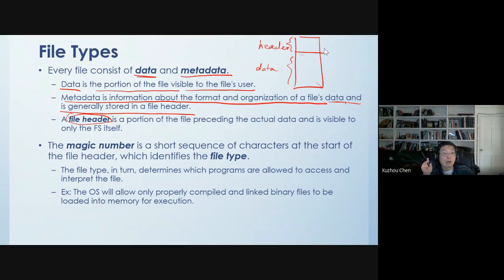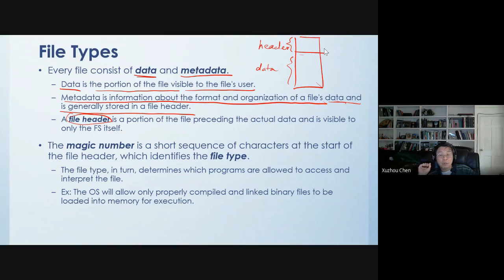Now, how does the operating system file system know which file is which? If it finds out it's a Microsoft Word file, the operating system is going to trigger Microsoft Office to open the file, because other software cannot open it.